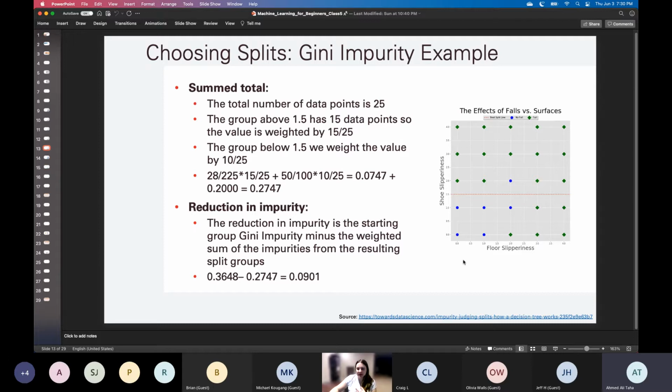So we would, again, have our full box. The difference here is it wouldn't be predicting yes or no, or a classification. We would look at the variance at the very start, and for the whole group it's going to be really large. Then for each individual split, we would have our baseline variance, and it would try different splits. The shoe slipperiness above or below 1.5 was our example in classification.